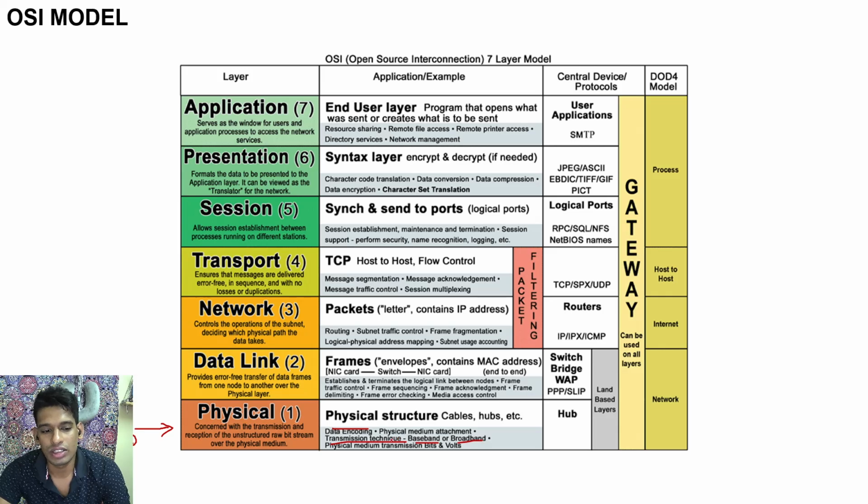So all these techniques, whether you're frequency modulating, whether you are using Manchester encoding, whether you are using NRZ encoding. So all these encoding techniques, what bit and what symbols are being used, this comes under the scope of physical.